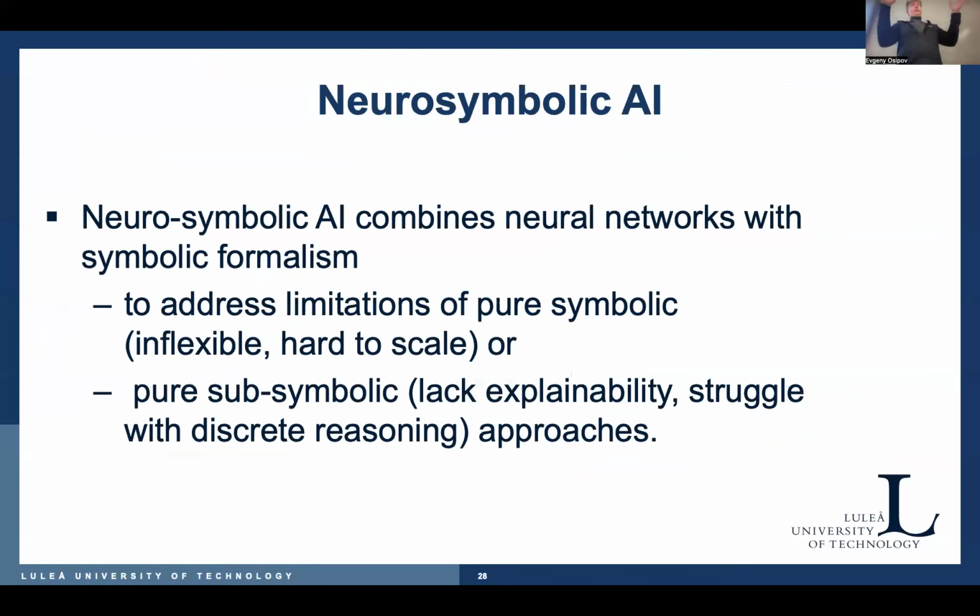So there is an entire field in AI called neurosymbolic artificial intelligence, which roughly speaking combines neural networks with the symbolic formalism, with knowledge and logic.